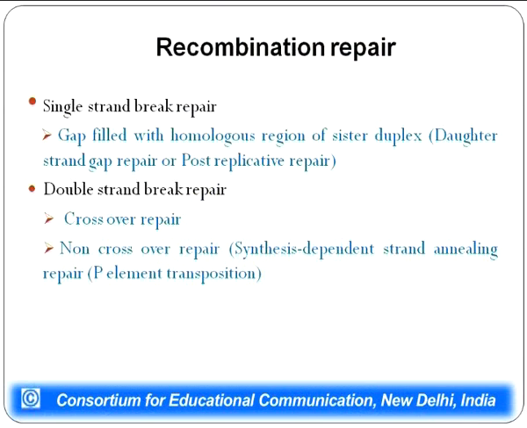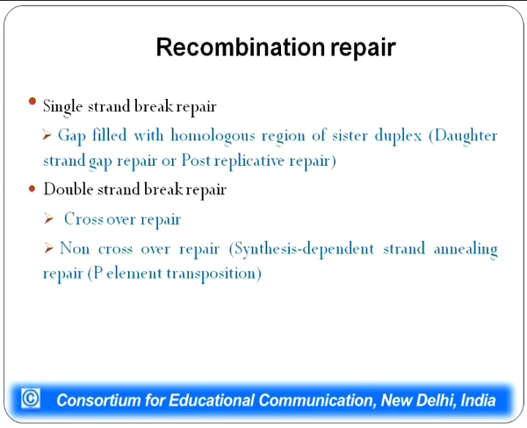Another type of repair mechanism is the recombination repair mechanism, which involves repair of single strand break or double strand break. The single strand break repair requires filling of the gap with the homologous region of the sister duplex, and it is also known as daughter strand gap repair or post replicative repair.